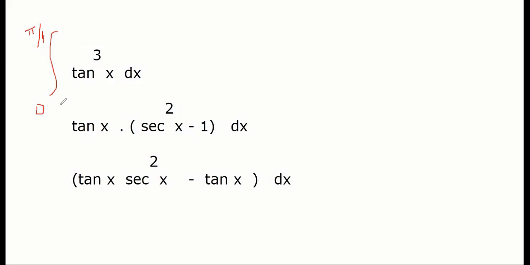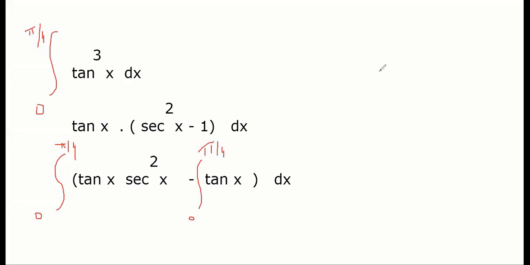Integral from 0 to pi by 4. We know this first one we can integrate. Now, I am going to split this into two parts, because I'll treat them both separately, as a separate kind of method is required.